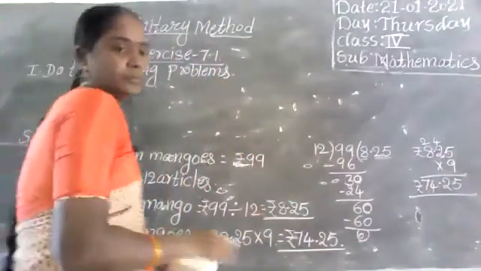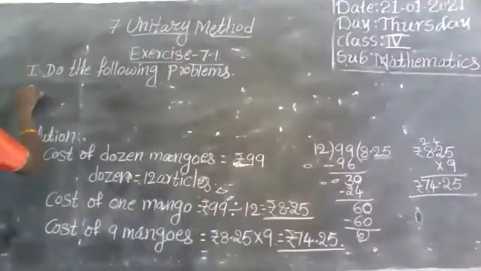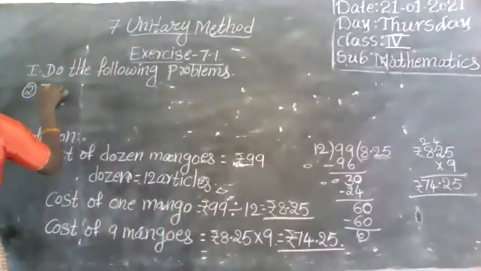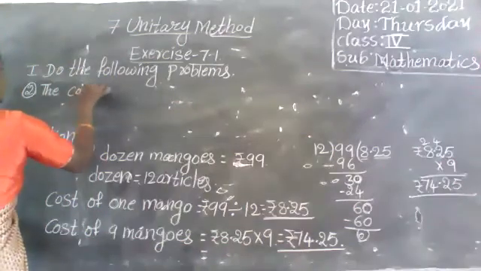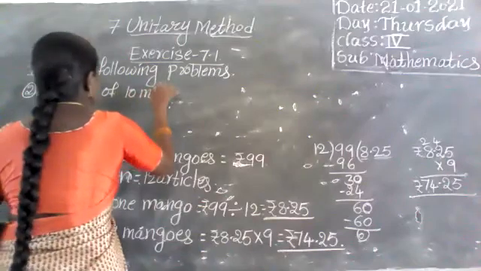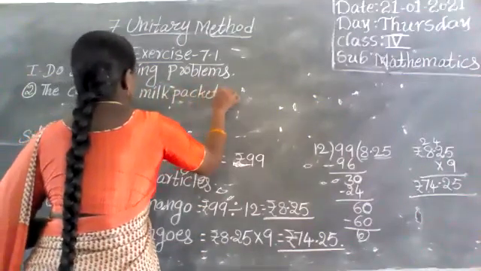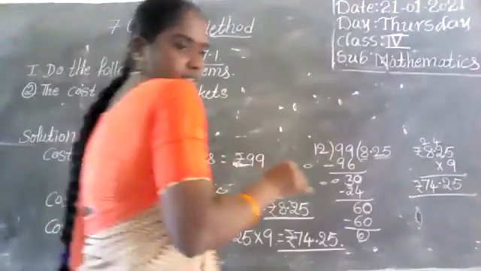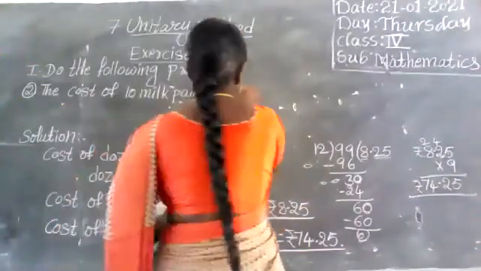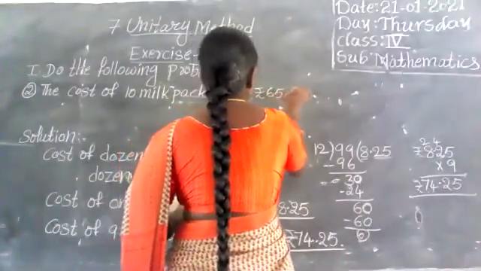What is the second one? The cost of 10 milk packets is rupees 65.